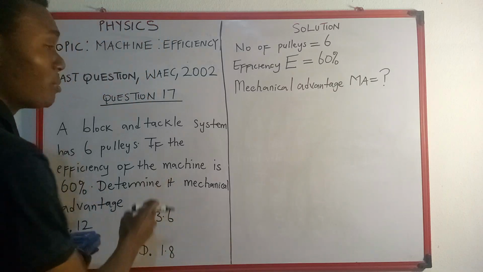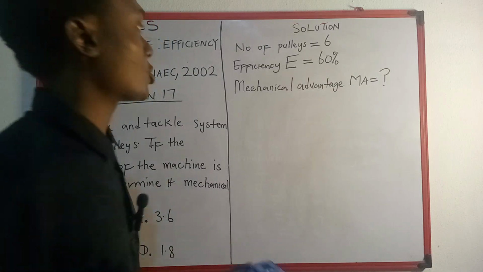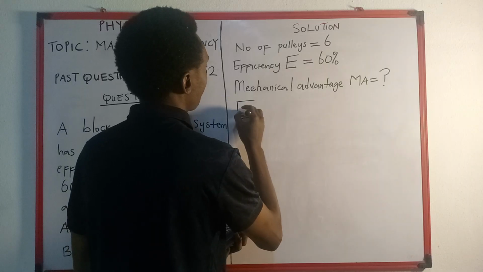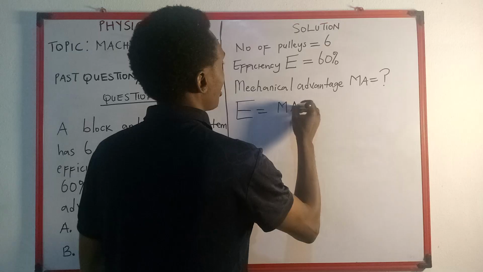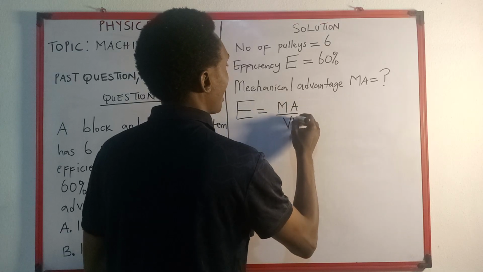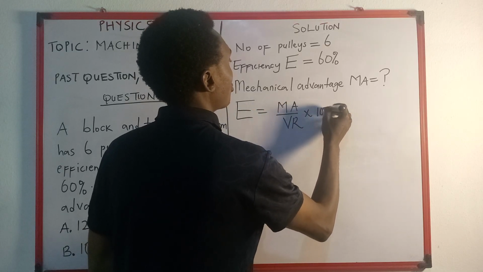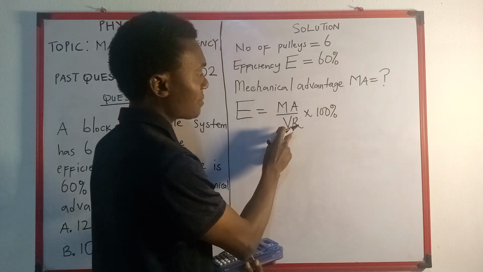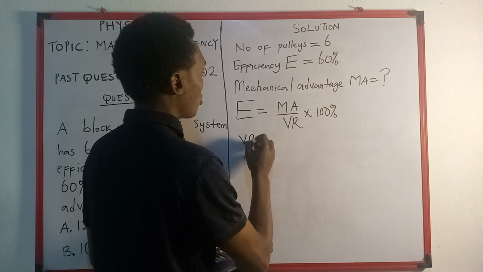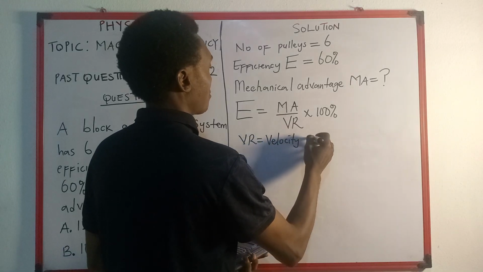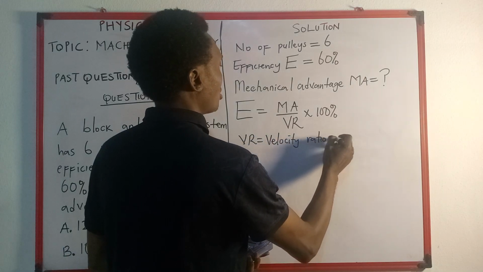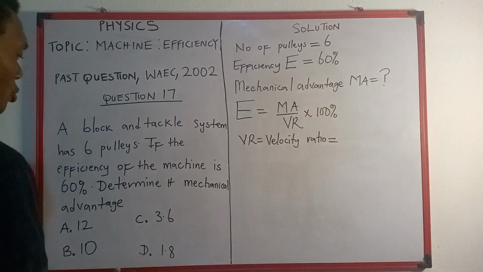So let's take the formula for efficiency of a machine. Now, formula for efficiency of a machine is given as mechanical advantage over VR times 100%. Now this VR is what we call velocity ratio. If you look at the question, velocity ratio is not given in the question.